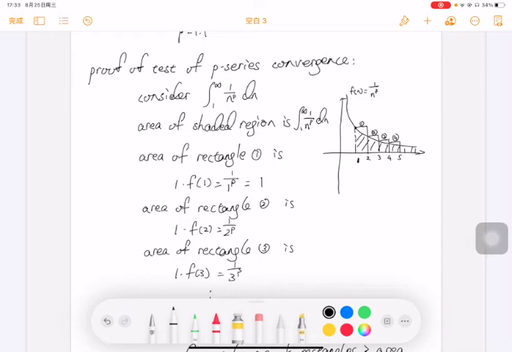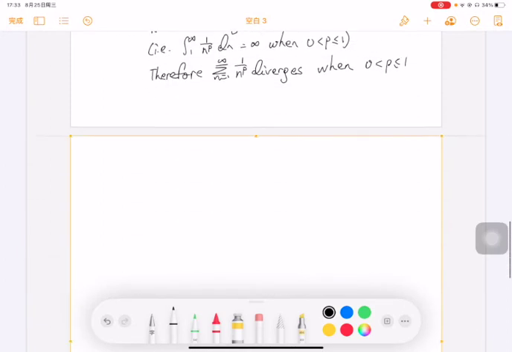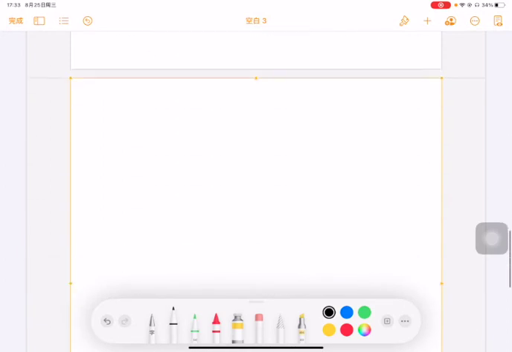But it occurs to us, if we can remove one rectangle and fit the rest underneath the curve, then wouldn't that mean the series subtract the first term of the series is smaller than or equal to the integral? So to put it formally, what we mean is this.